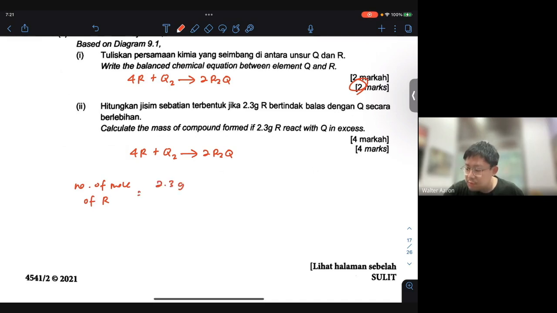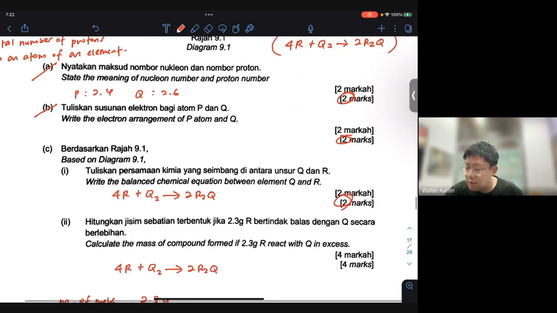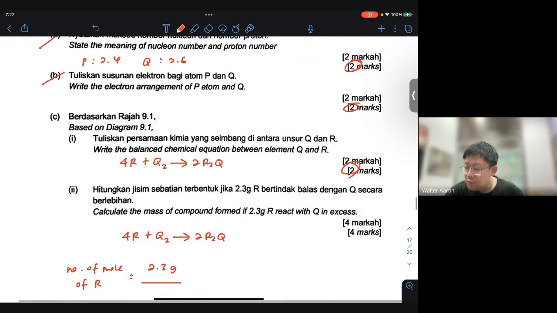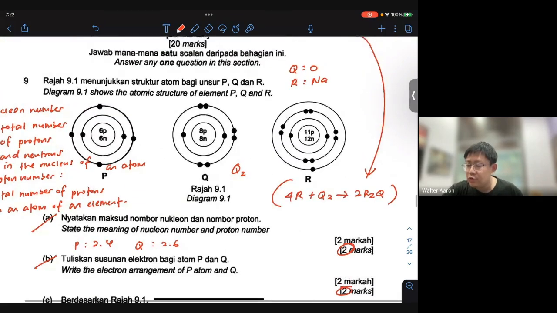2.3 grams divided by, now they actually didn't give you the relative atomic mass of R, but they did show you the nucleon number. The numbers over here are 11 and 12. So the relative atomic mass depends on the number of protons and neutrons in total.